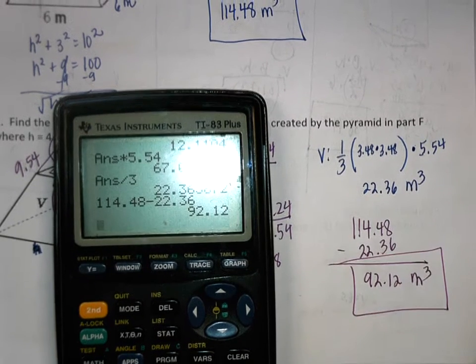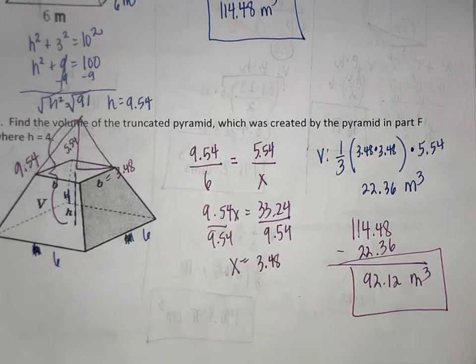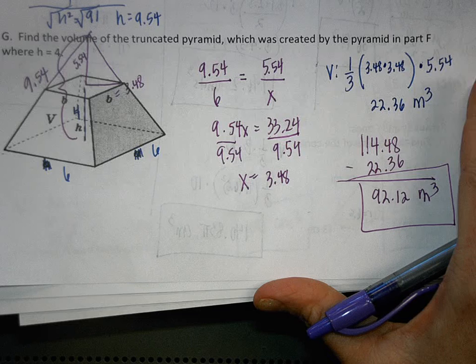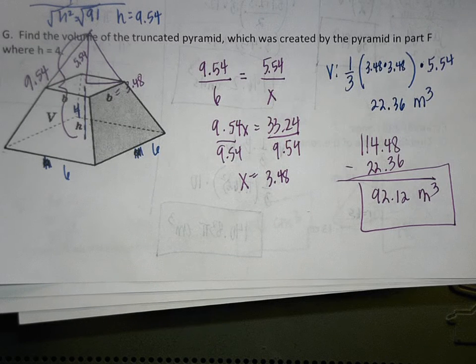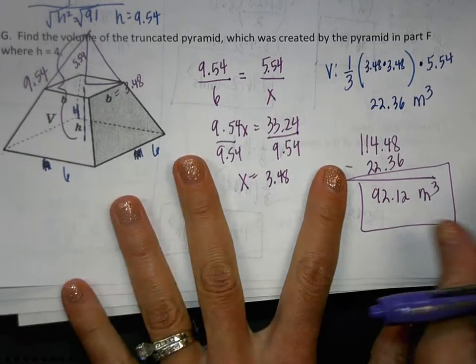Okay, do we have questions there? Is there any confusion, anything I need to clarify? You don't understand where a number came from? Are you ready? Can I move on?